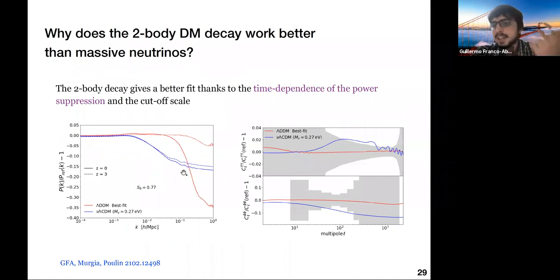At early times, at high redshift, the power suppression given by this model is very small. I'm guessing for baryons, this power suppression is important for a wide range of redshifts. So if we use probes that also give us information at high redshift, I think this could break the degeneracy between baryons and the decaying dark matter.